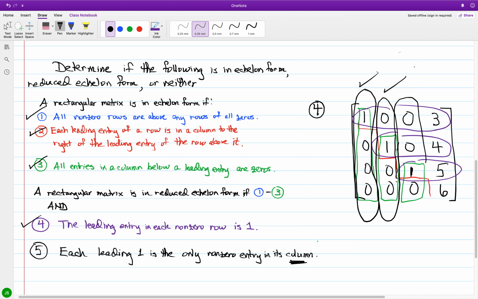And with our third leading element, before we had a 1 in the first row, and so that prevented reduced echelon form, but here this one is the only non-zero value in its column, and the only one for that matter. And so we have that checked off, and so this particular matrix is going to be in reduced echelon form.